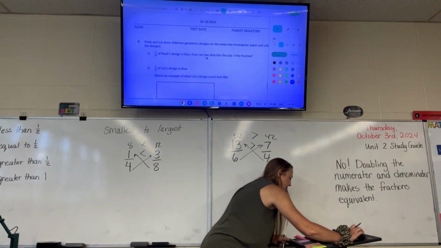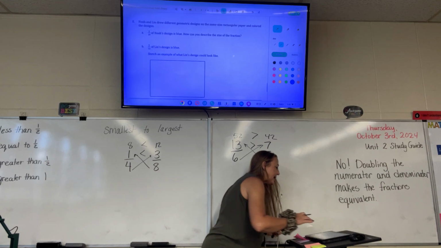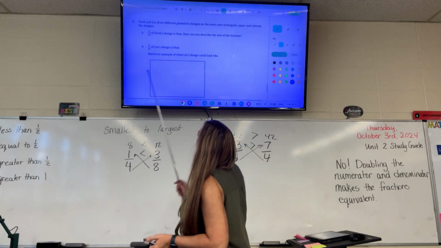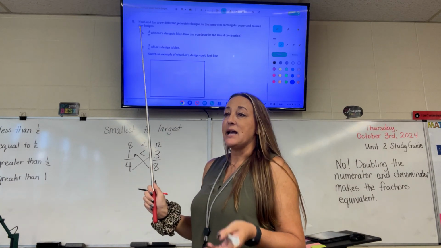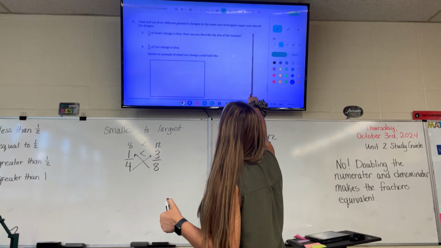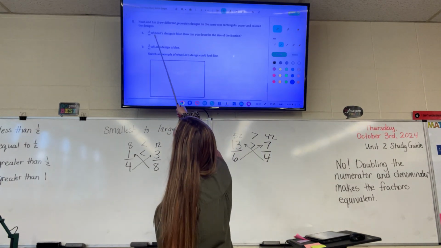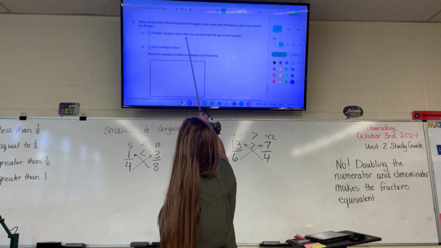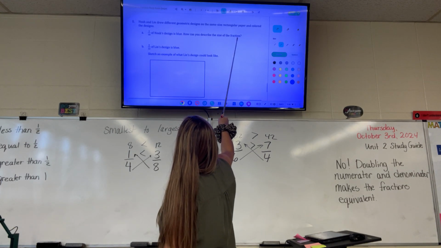So, we're going to hustle through this last one. It says Noah and Lynn drew different geometric designs on the same size rectangular paper and colored the designs. 4/10 of Noah's design is blue. How can you describe the size of the fraction?